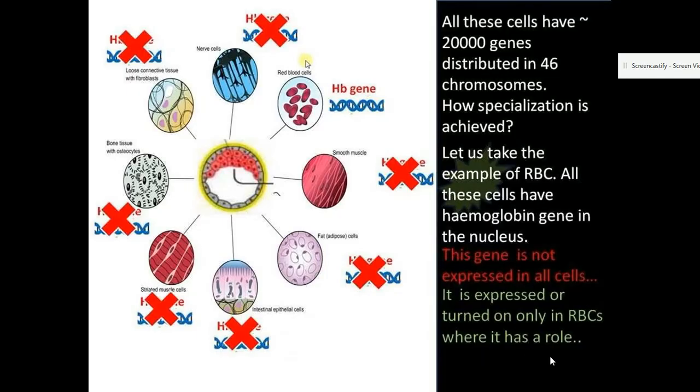So the hemoglobin gene is very important for transportation of oxygen, right? All right, as you can see, the particular gene is turned on. So the hemoglobin gene is very important in RBC, and it's only expressed in RBC. It is not expressed in all the other cells, right? Try finding hemoglobin in leukocytes.